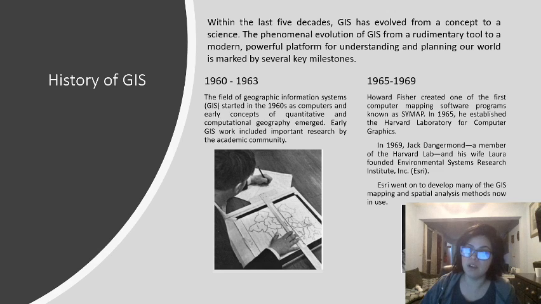And in 65 as well, he established the Harvard Laboratory for Computer Graphics. In 69, Jack Dangermond and his wife, Laura, founded the Environmental System Research Institute, which is also called ESRI. So with ESRI, they went to develop many of the GIS mapping tools and spatial analysis methods that we use now.